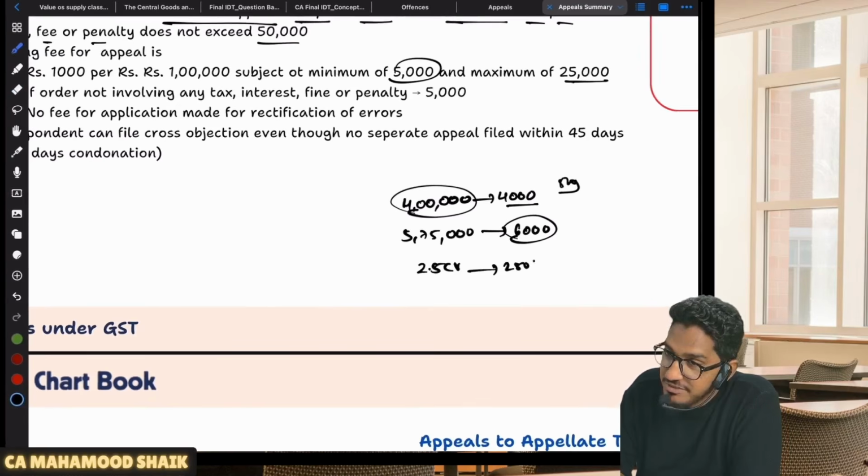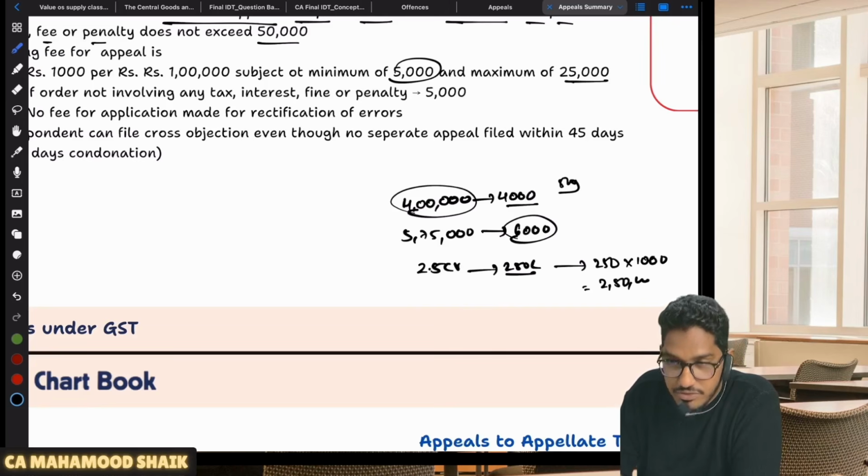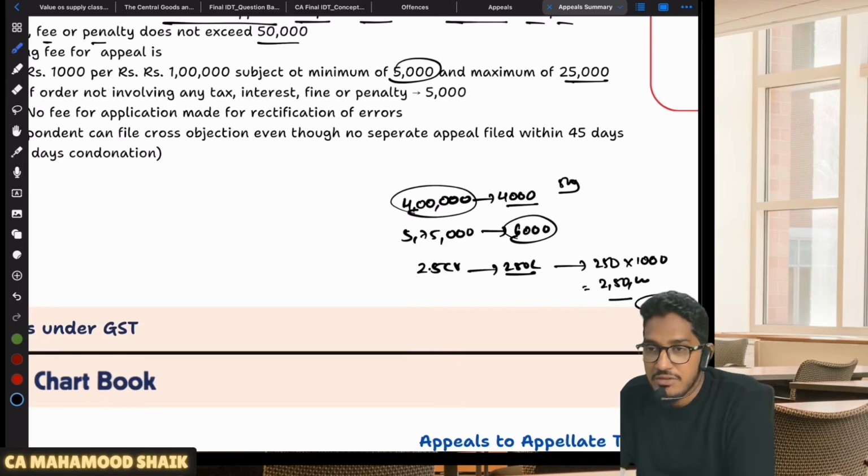So that will be 250 lakh rupees. For every lakh 1,000. 250 into 1,000 will come to 2 lakh 50,000. But the maximum late fee is 25,000 only. Maximum 25,000, minimum 5,000. If your actual late fee falls in between, you consider it.